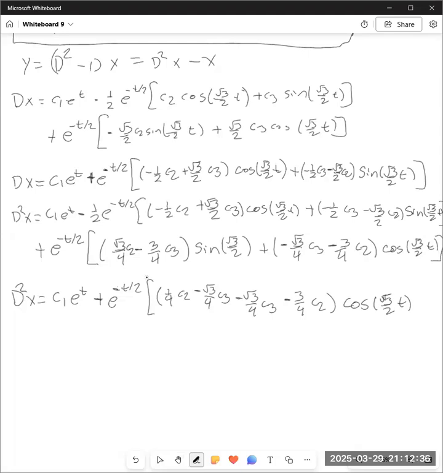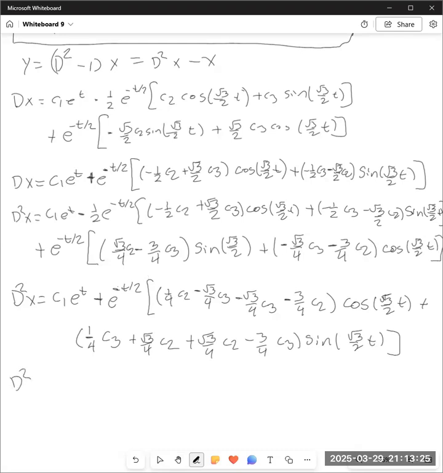Then we have plus, then negative times negative is a positive 1/4 c3 plus root 3 over 4 c2, plus root 3 over 4 c2 minus 3/4 c3 sine of root 3 over 2 t.